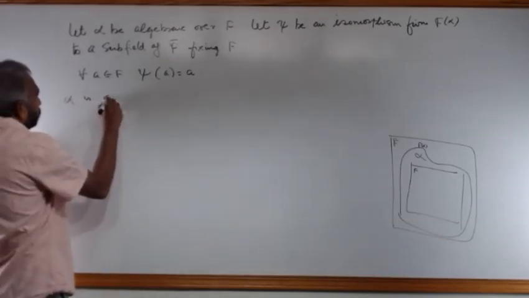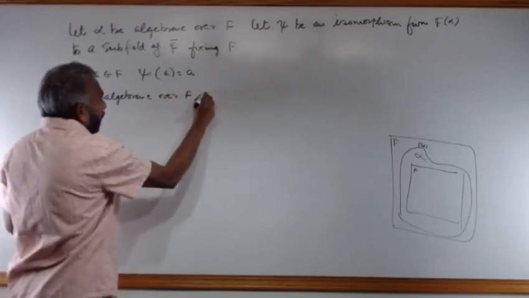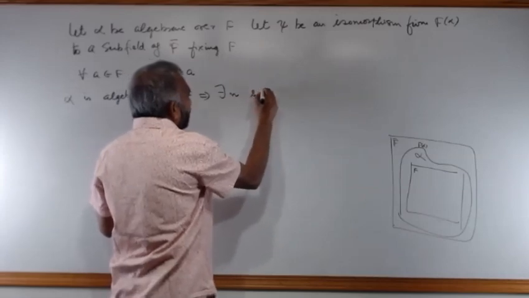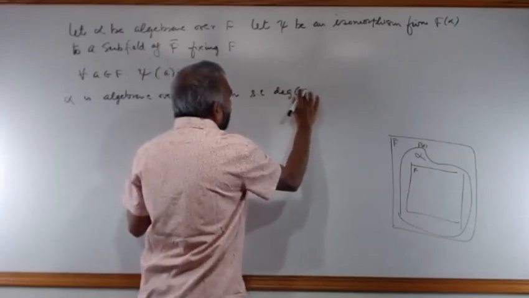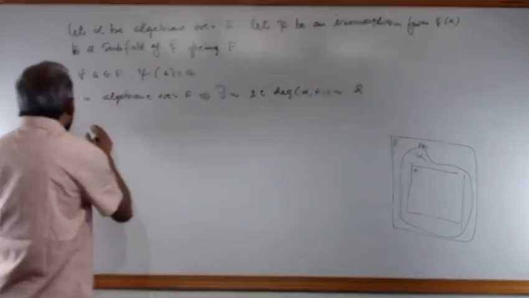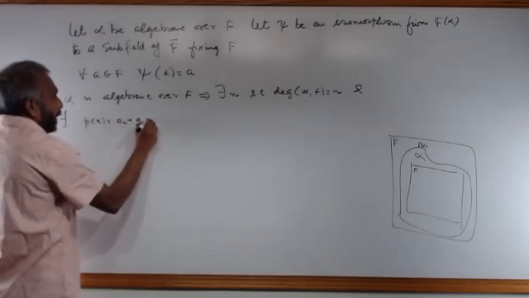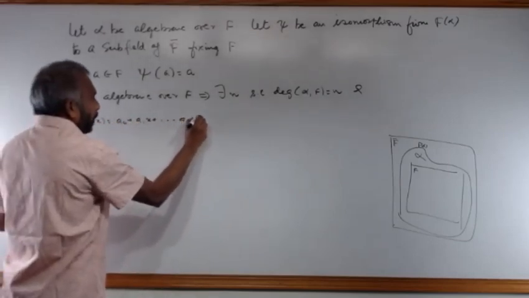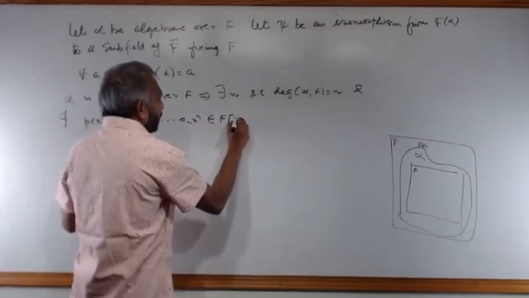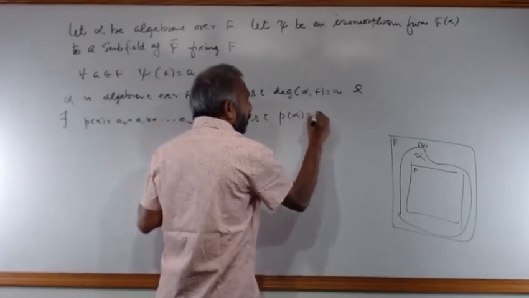Okay. Now, alpha is algebraic over F implies there exists an n such that the degree of alpha over F is equal to n. And there exists a polynomial p of x, a0 plus a1x plus dash dash an x to the power of n, belongs to F of x such that P of alpha is equal to 0.